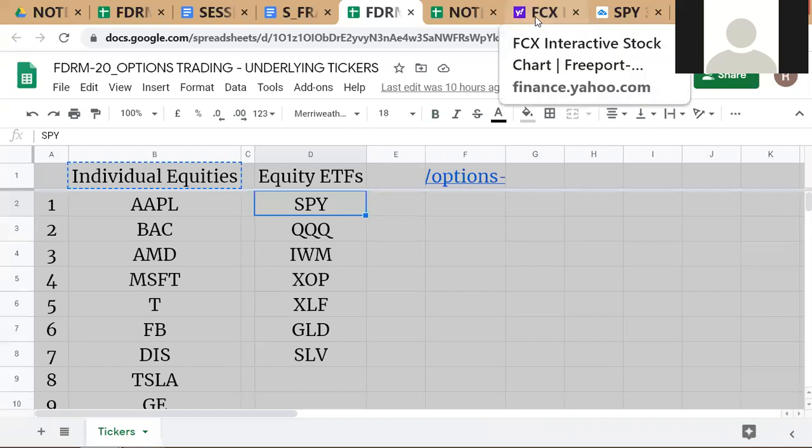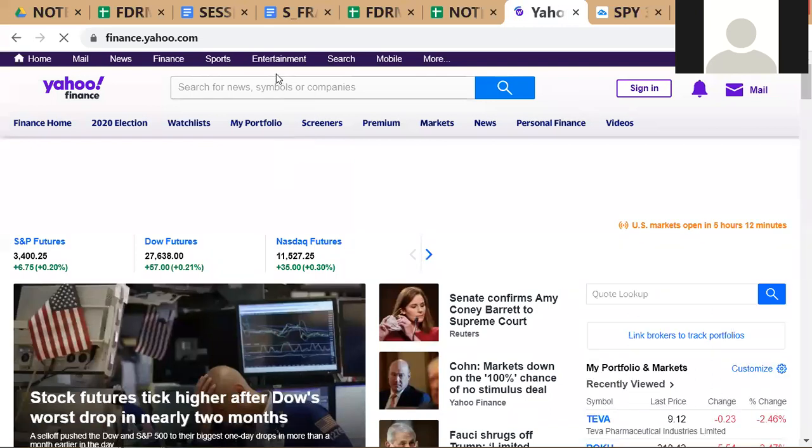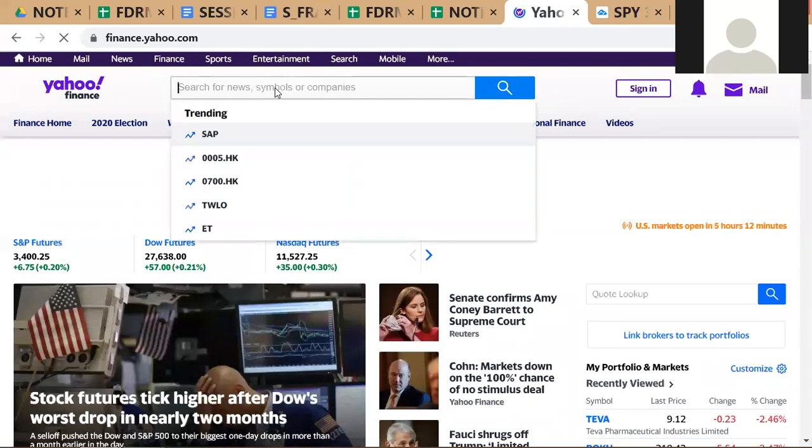If you go to Yahoo Finance and search on one of the tickers, one of the things you can see is the component stocks. They're like a mutual fund.